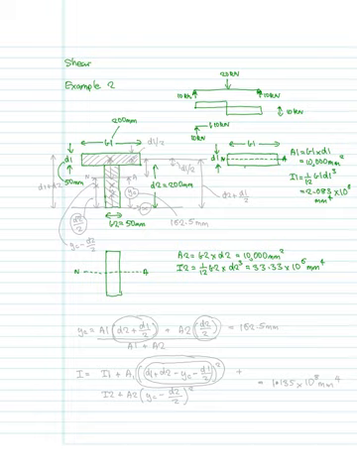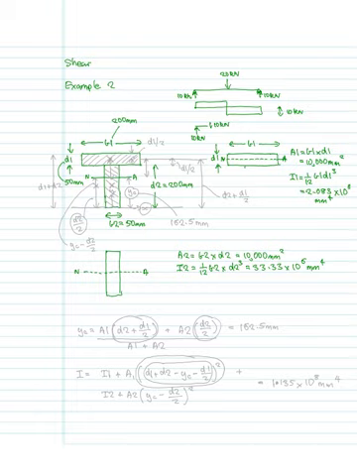Now let's work out the position of the neutral axis of the composite section. So we could assume just by looking at it that the composite section is going to have a neutral axis maybe around here. So just call that the neutral axis. It's going to be bending around that axis there.